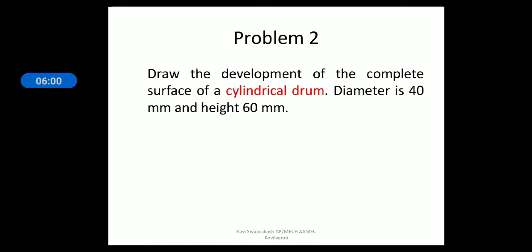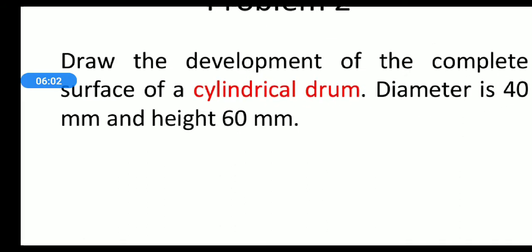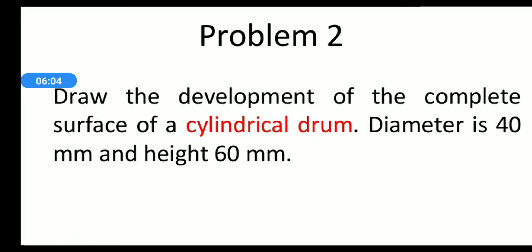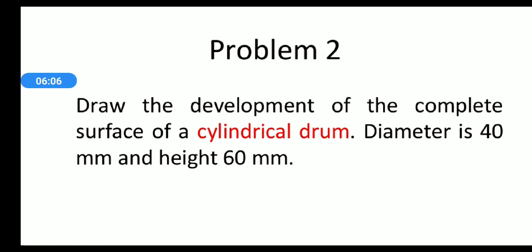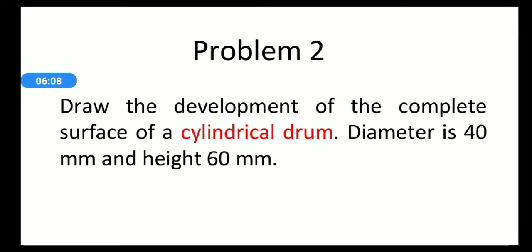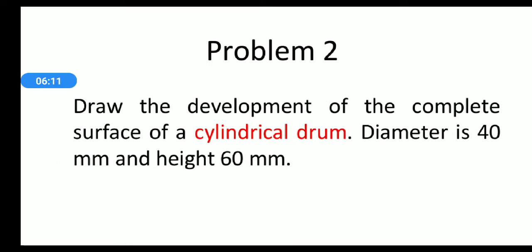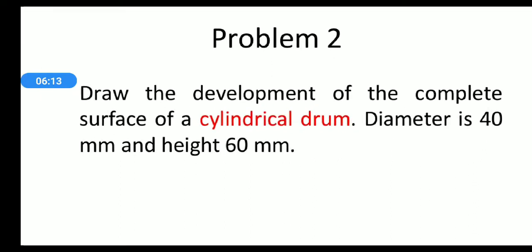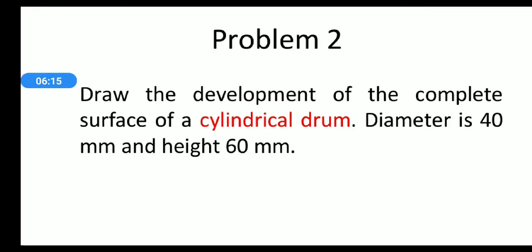Here the given solid is a cylindrical drum with diameter 40 mm and height 60 mm. In this problem also it is not mentioned whether the cylinder is resting in HP or VP, with its axis perpendicular to HP. He did not mention anything, so we have to consider that the cylinder is resting in HP.